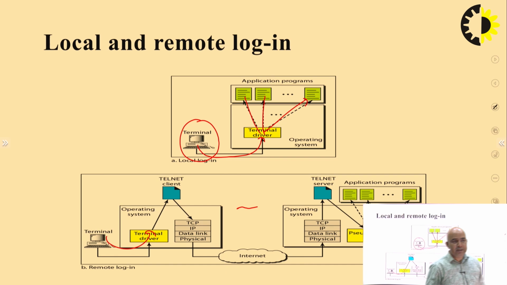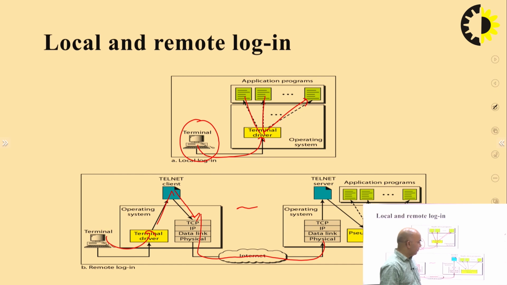Once their operating system receives the characters, it directly sends them to the Telnet client, where the Telnet client uses the TCP protocol to send the request via the internet. The request goes through the internet to the server side. On the server side, TCP sends the request to the Telnet server.